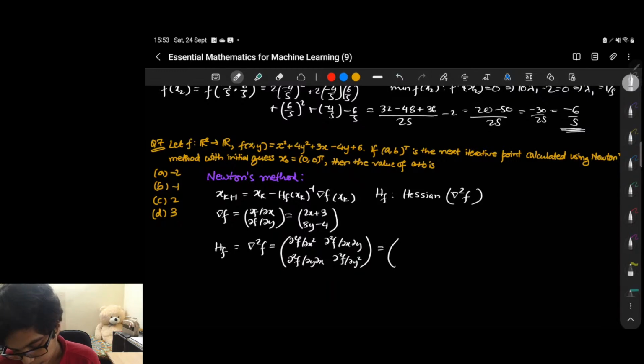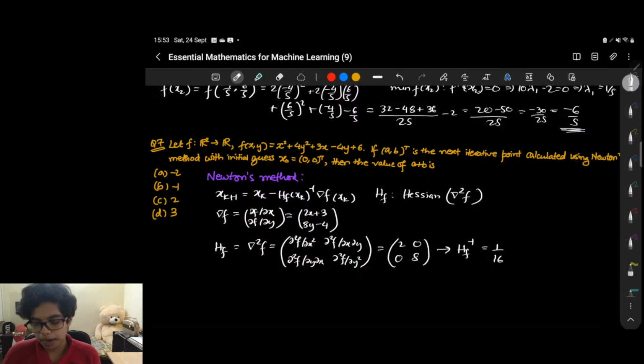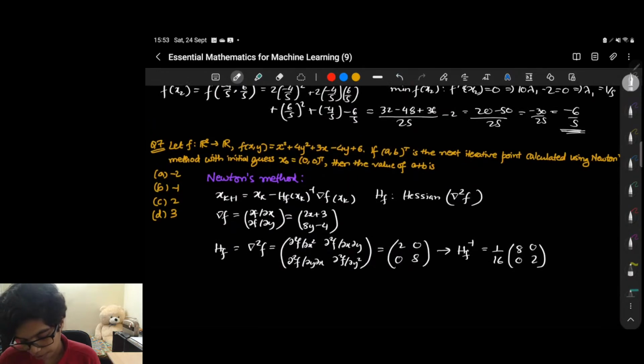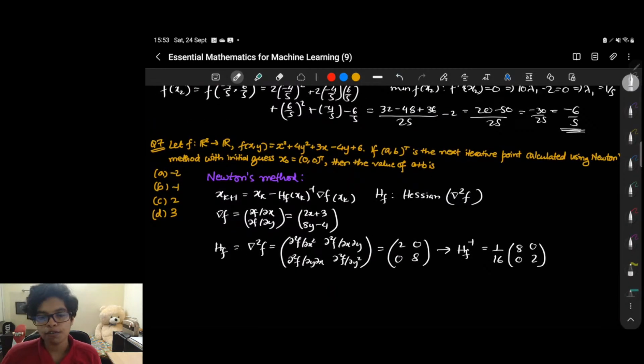So from this we will get the matrix as follows. The Hessian matrix inverse of a 2 cross 2 matrix is 1 over the determinant of that matrix, and then you interchange the diagonal elements and multiply the off diagonal by -1. So this is the Hessian matrix inverse, and it is independent of the coordinates. So this is the same no matter what your point xk is.